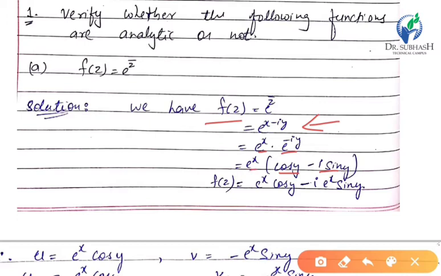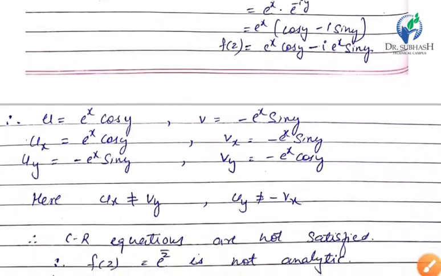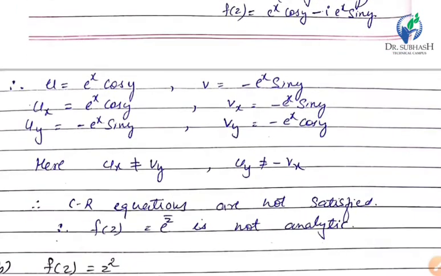So I get f(z) = e^x cos y - i e^x sin y. Now here I will find u and v. Here real part will be u and imaginary part will be v. So u = e^x cos y and imaginary part, that will be v, that is equal to -e^x sin y.